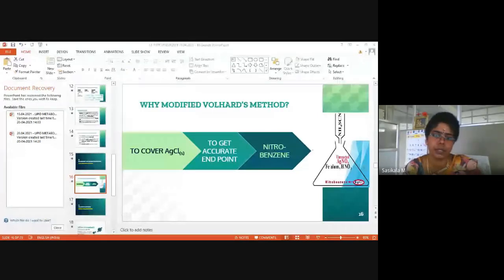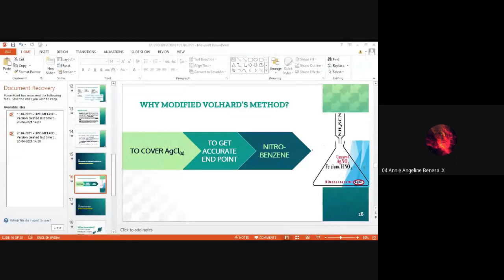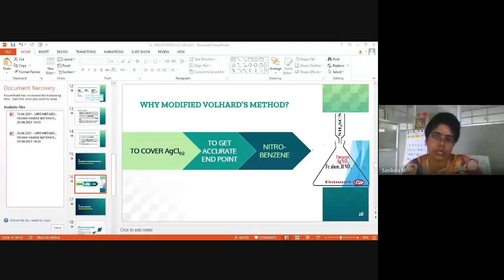Why is it to be covered with nitrobenzene? To get an accurate endpoint, so that only the excess silver nitrate reacts with ammonium thiocyanate, not the silver present in the silver chloride precipitate.